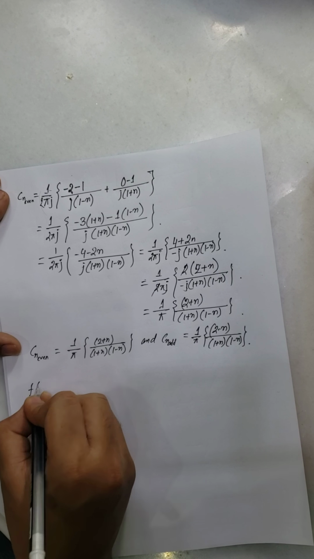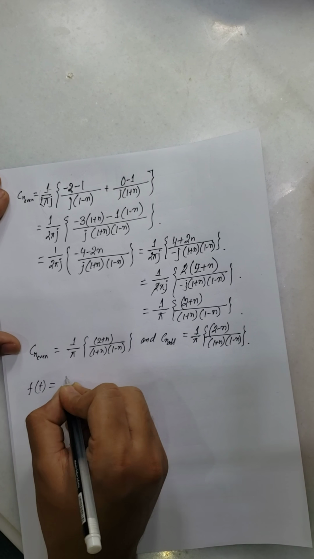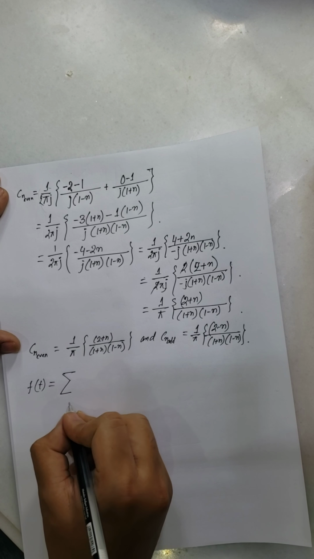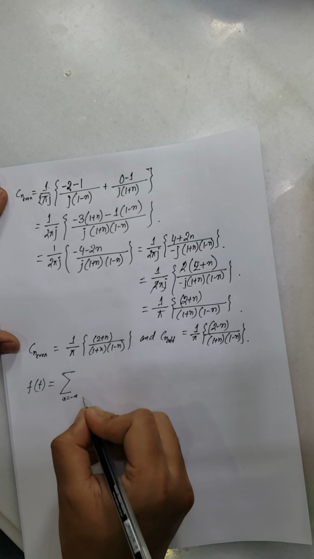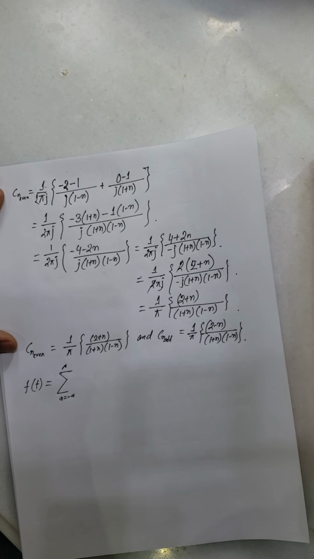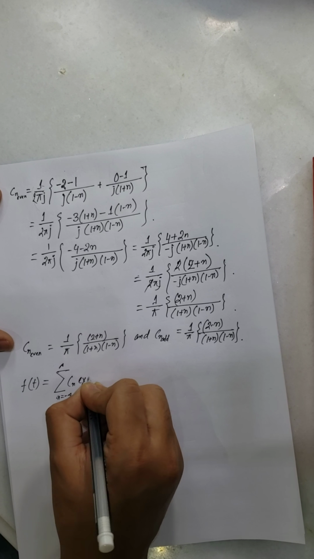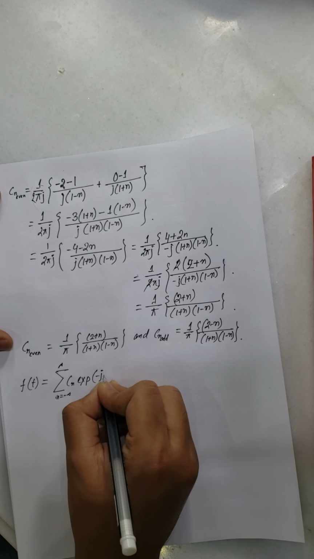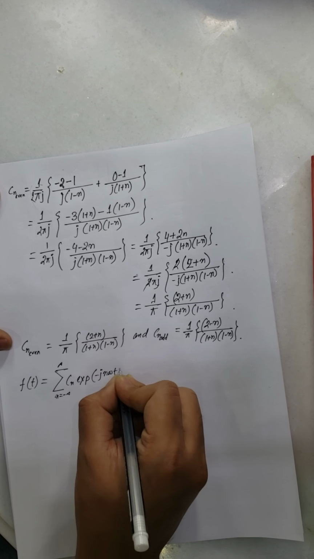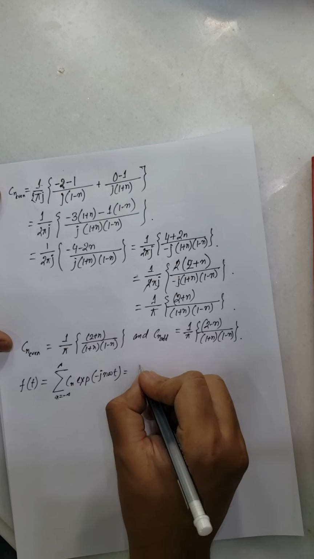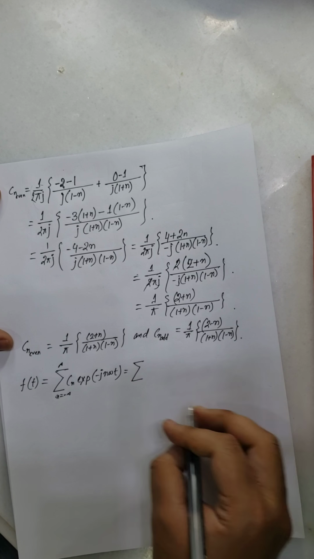Now finally we get the expression f of t to be summation of n, which goes from minus infinity to infinity, c of n e to the power minus j n omega t, which we can write in terms of the even and odd coefficients.